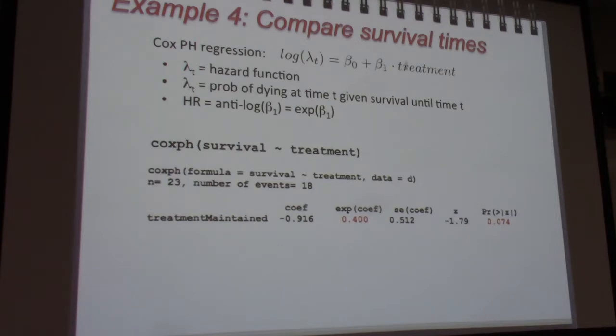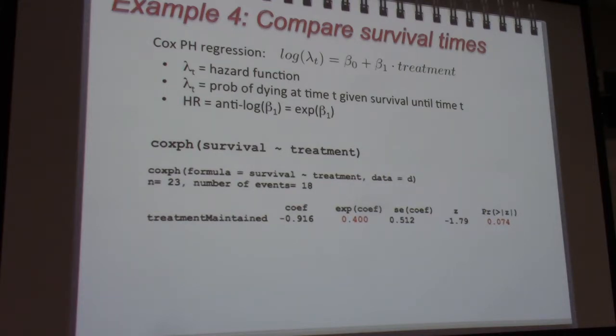Beta 1 is going to measure the impact of treatment on the log hazard, but I really want to know what its impact is on the hazard ratio, and so I have to take the anti-log. When I run the Cox proportional hazards regression model, regressing survival time against treatment, I get the beta, which is minus 0.92, and I get the hazard ratio, which is the risk of dying in the treatment group divided by the risk of dying in the control group.